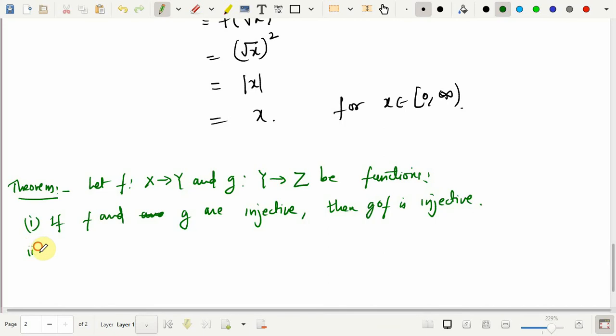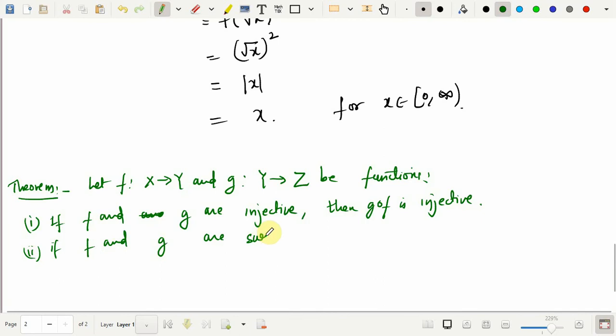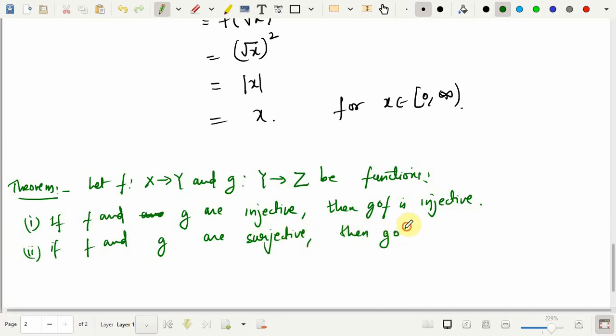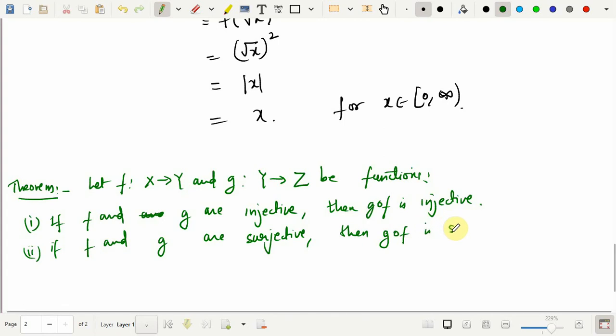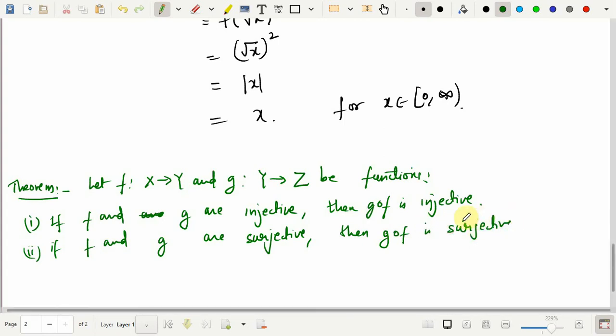Secondly, if f and g are surjective, then g composite f is surjective. By the way, here you cannot talk about f composite g, because g is a function from y to z and f is a function from x to y.